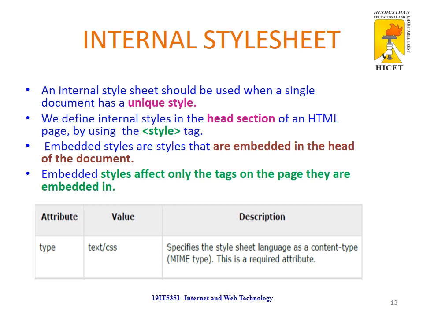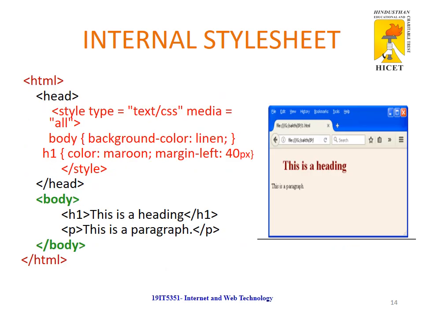The attribute we are using is type, and the value for this attribute is text/css. This is the example for internal style sheet. See, in this example program, we are going to write a program that starts with the HTML root tag.